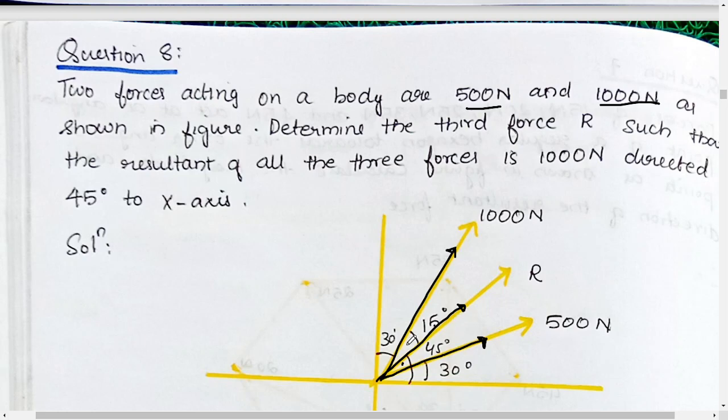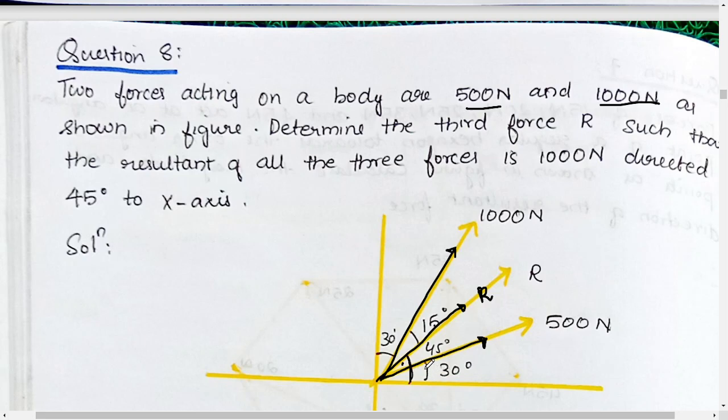So actually this part is the R resultant. This is R, which is at 45 degree to x-axis. So what is given here is that there is a 1000 Newton force at 60 degree.